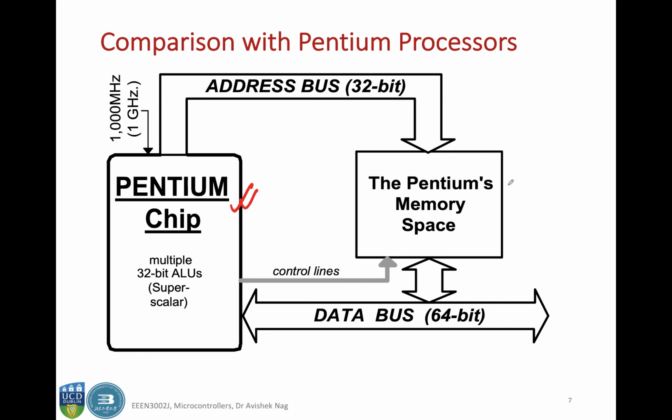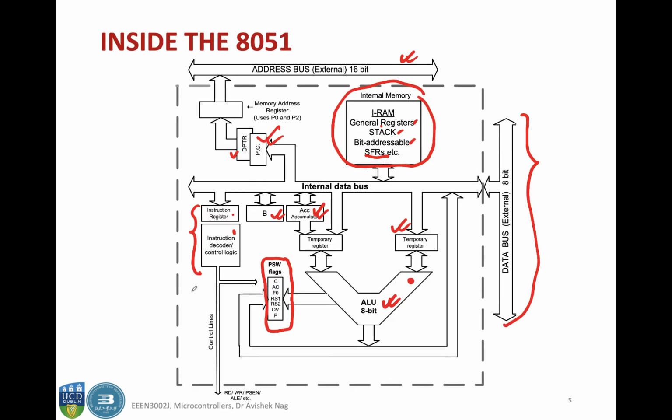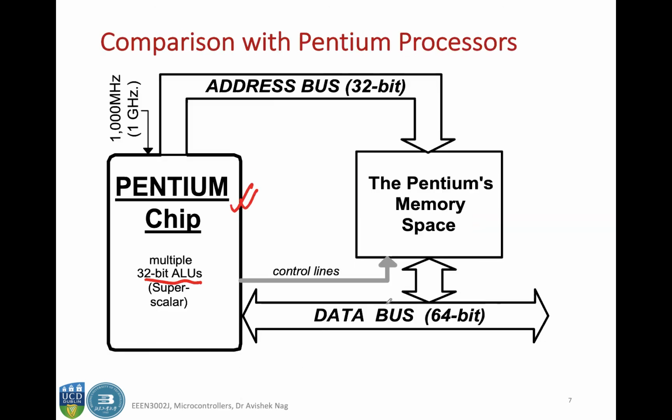Okay, so Pentium chip, first of all, it has a 32-bit ALU. So you saw that your 8051 had an 8-bit ALU. Okay, so that's 4 times speed up. Okay, then the data bus is 64-bit, as compared to 8-bit in 8051.